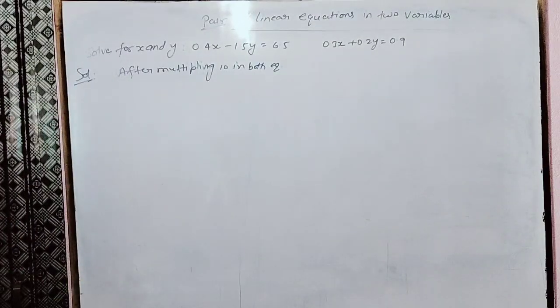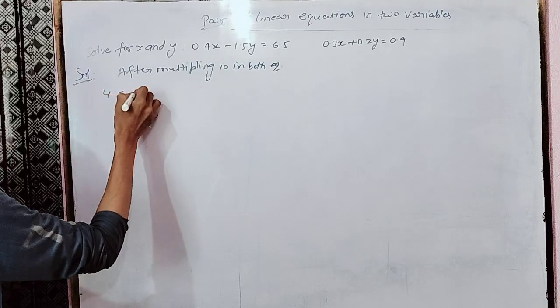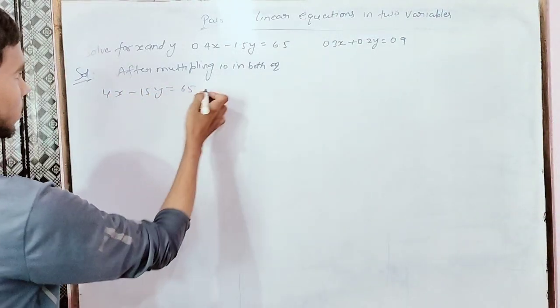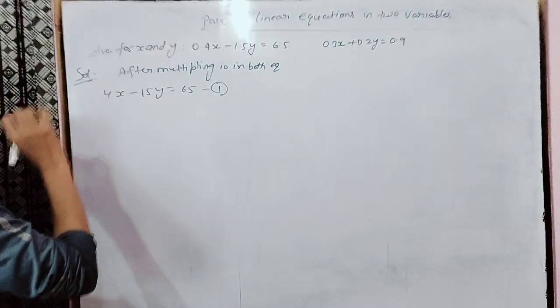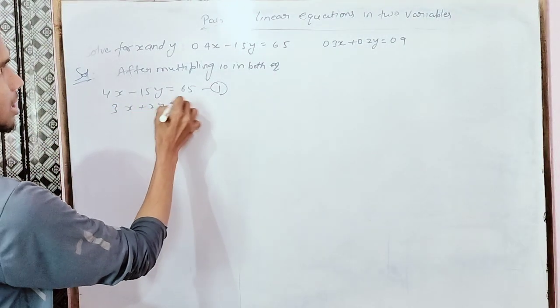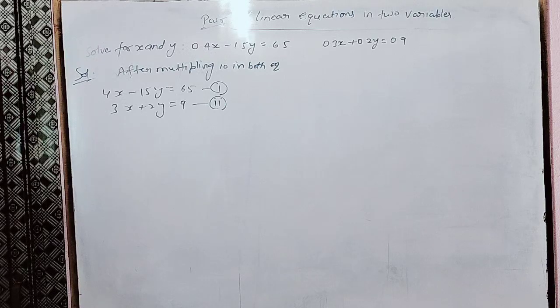You understand? Okay. So here this will become 4x minus 15y is equal to 65. Let's say this is 1. Next 3x plus 2y is equal to 9. This is second. Okay. Now what else?